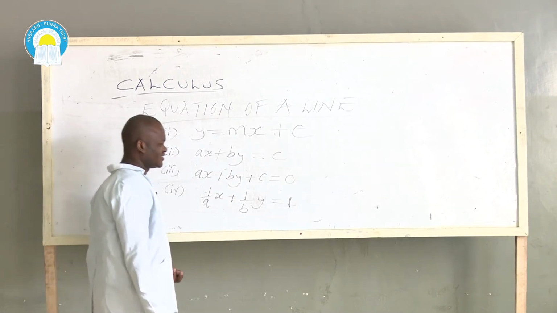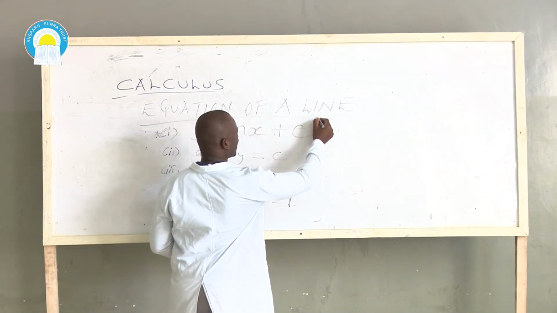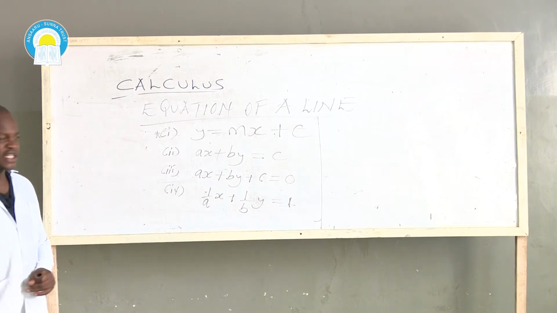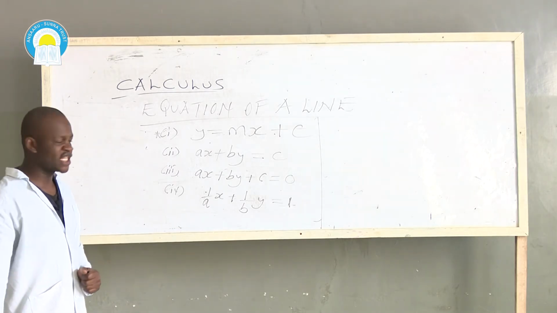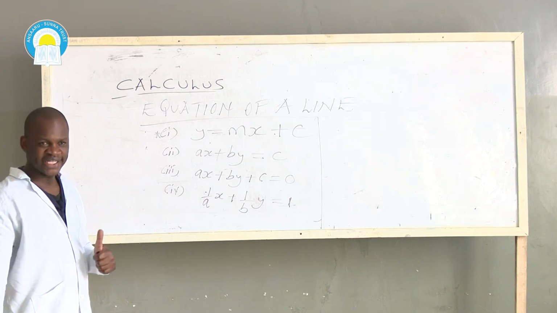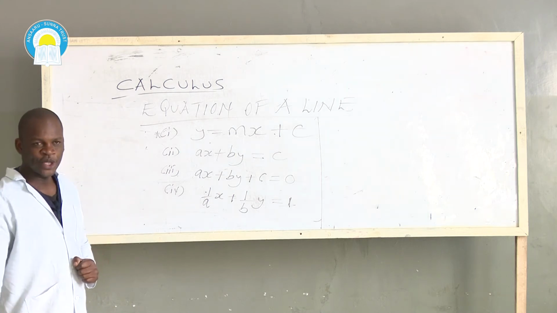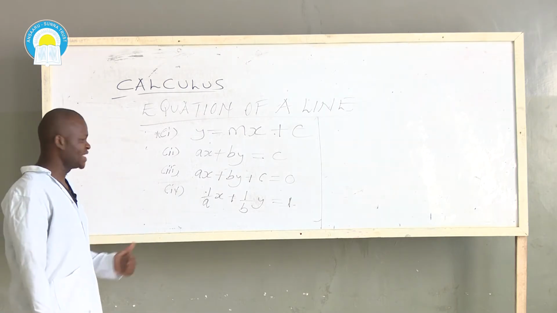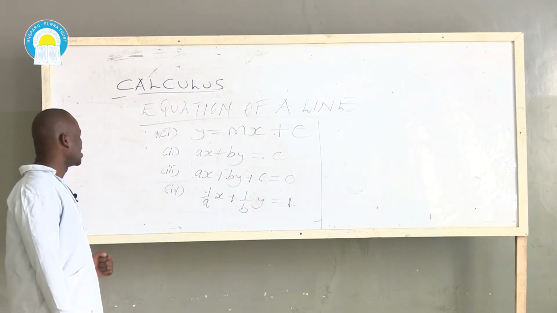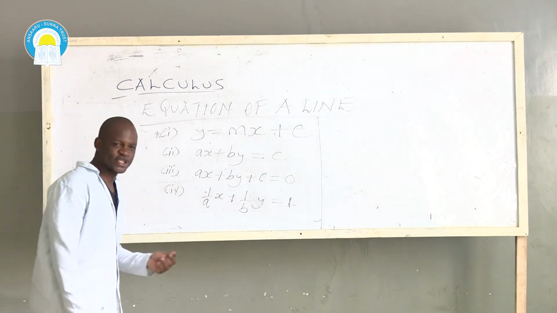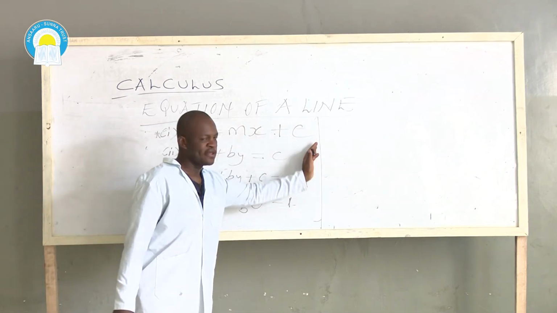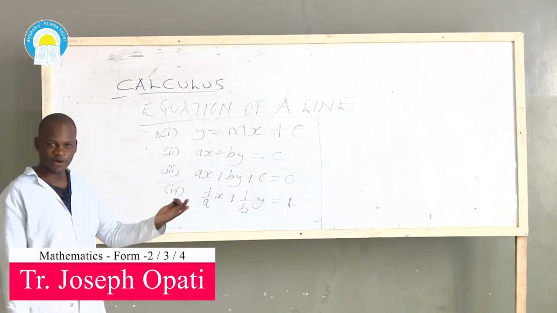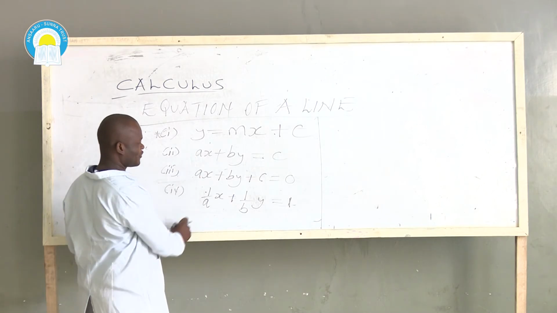So having discussed that, we want to discuss the key requirement of finding the equation of a line. For you to get the equation of a line, you must have, number one, the gradient. Number two, you must have at least the coordinates of a point where the line passes through. So I'll give a general question which requires that form. Then I will give a question where we are going to transform the equation into the other forms.